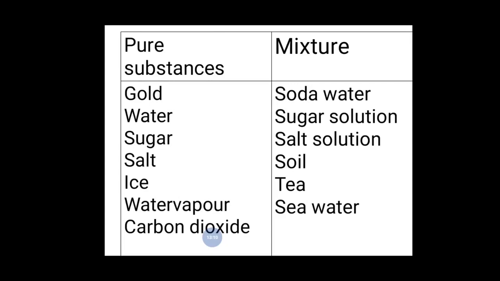If you take soil, you know that it consists of different particles. Tea is a mixture again. Tea consists of water, milk, then tea powder, etc., right? What about seawater? It also contains several different particles. Salt is there, some minerals will be there. So these are all mixtures, examples of pure substances and mixtures.